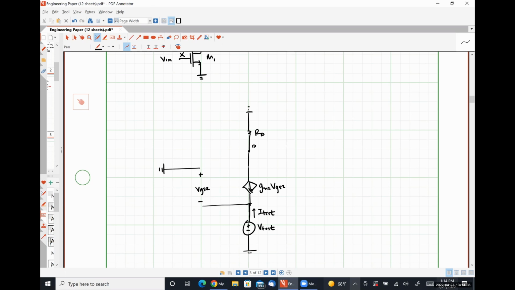We okay with this? This is how we literally do it. Okay. So pretty obviously, I test is just negative GM2 times VGS2. Are we okay with that? V test is the potential difference between this node and ground, which is negative VGS2. So V test is negative VGS2.